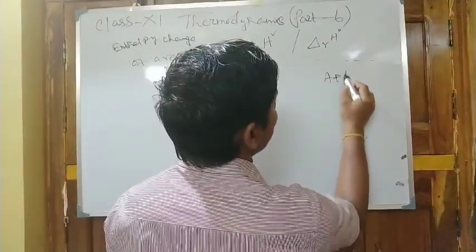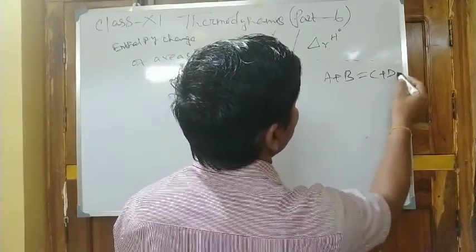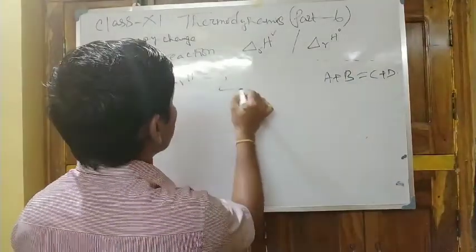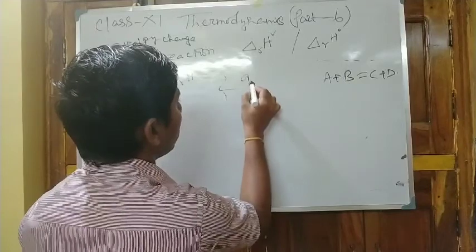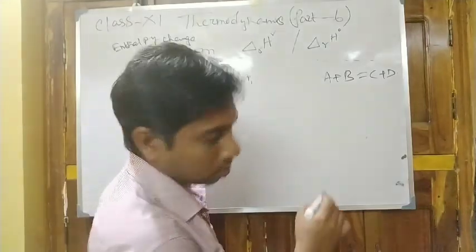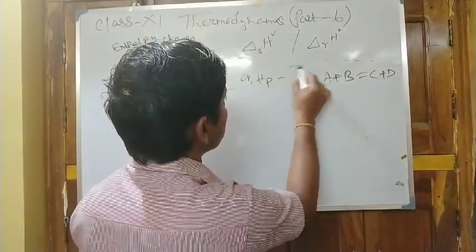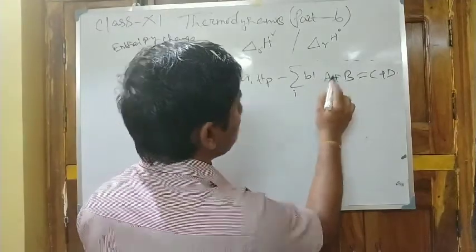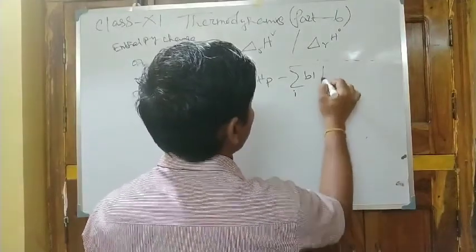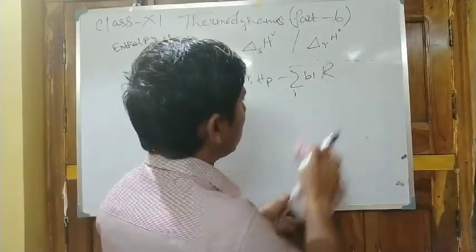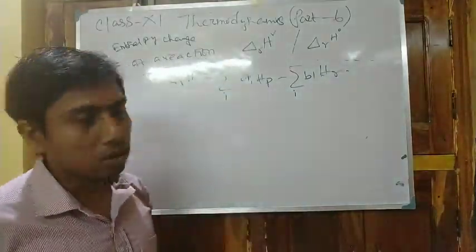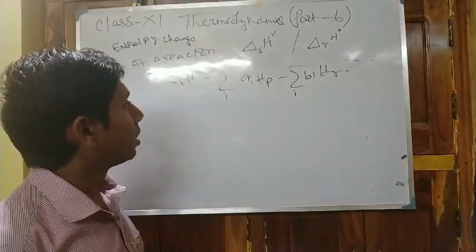So if a reaction is A plus B equal to C plus D, then more than one product is there, so we should write the summation over i of a_i times H of products, minus the summation over i of b_i times H of reactants. So this is the mathematical expression of delta rH.